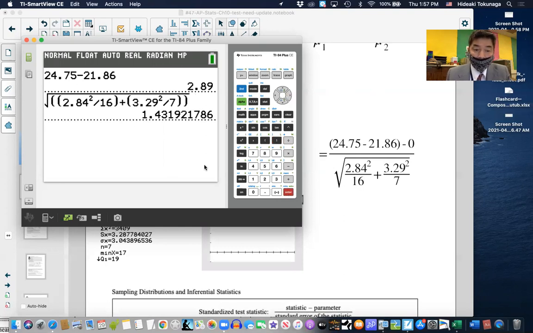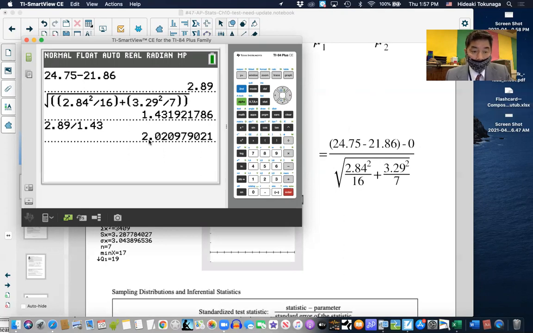So this is the standard error, 1.43. Then 2.89 minus 0, the difference from our parameter, divided by 1.43. Enter: 2.209. Okay, that's the t statistic. Only one tail.